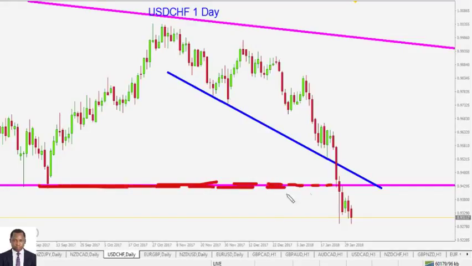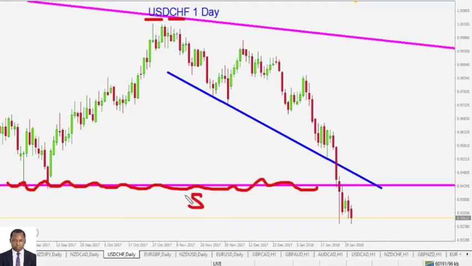Once you have conducted your analysis on all time frames and you don't see price breaching or trading around long-term levels of support and resistance, there is no need zooming into those time frames. Here in the American dollar against the Swiss franc, we have seen that price is trading below the monthly level of support. So let's see the monthly time frame.